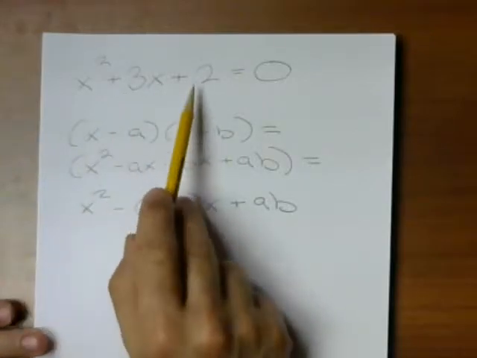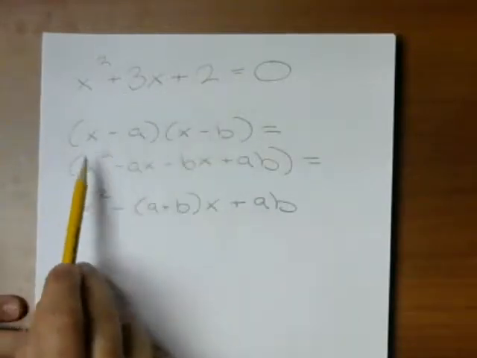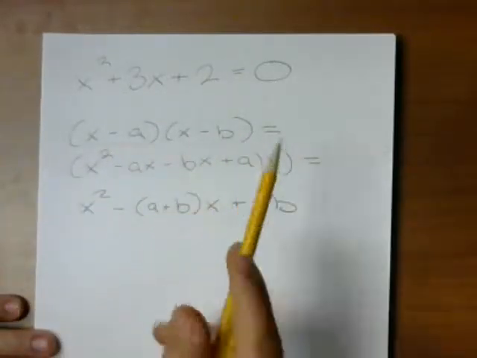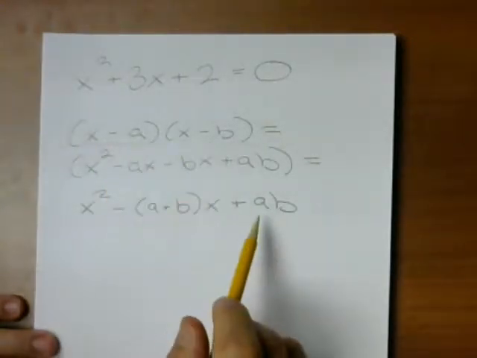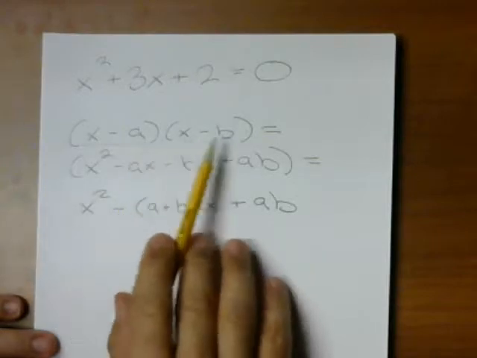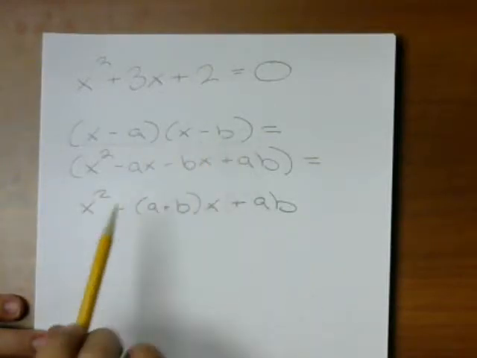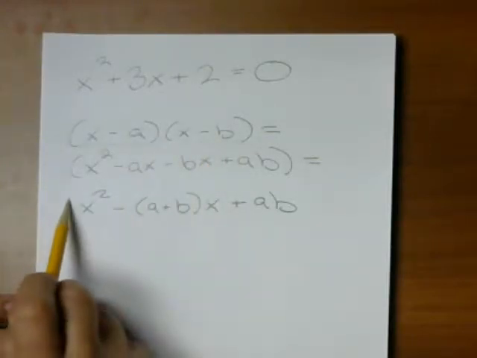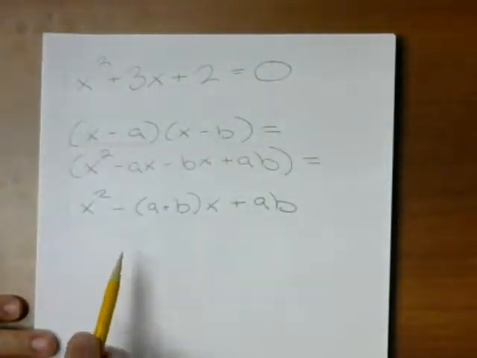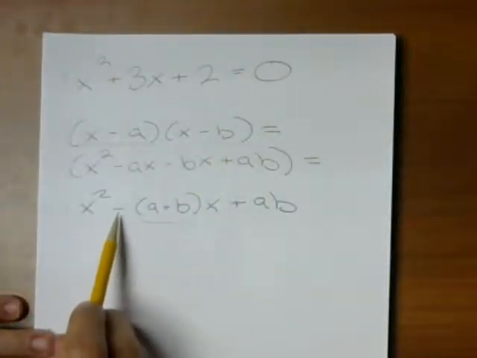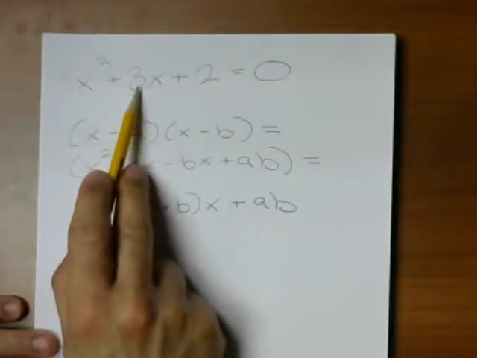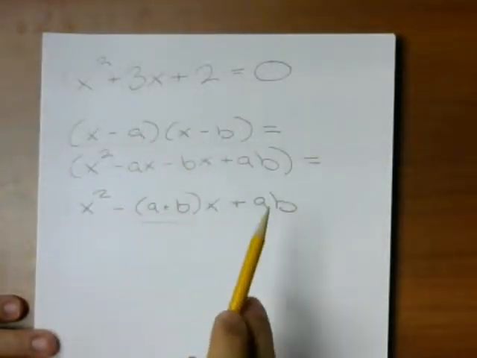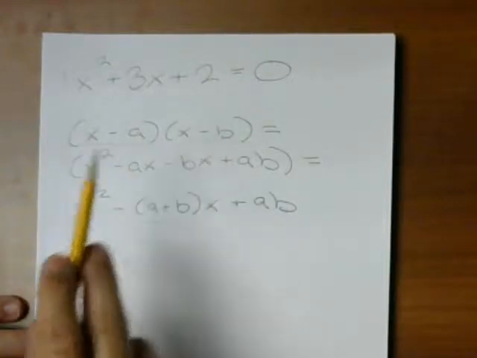So let's say I factor this and I get some x minus a for an a and I get some x minus b for a b. What do I know? Well, I know something about a and b. See, the coefficient here is 1 and the coefficient there is 1. I know that negative of a plus b is going to have to be 3. And I also know that a times b is going to be 2.